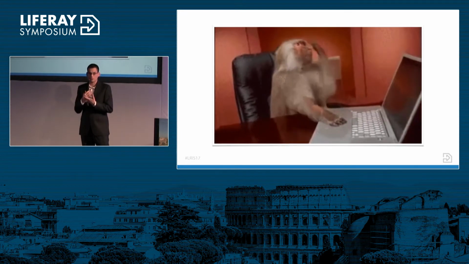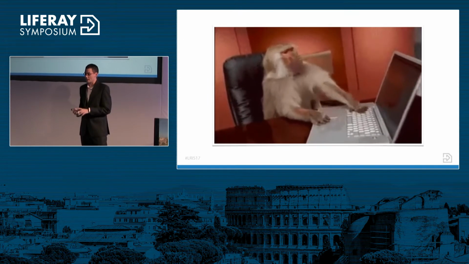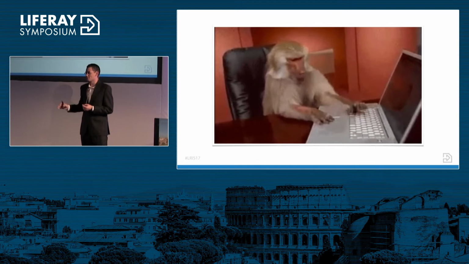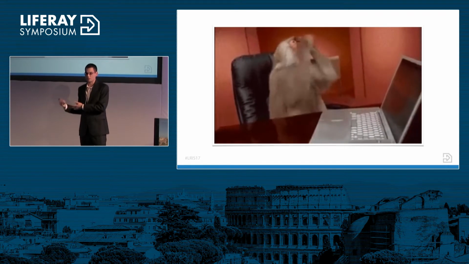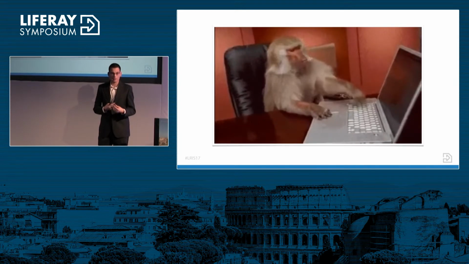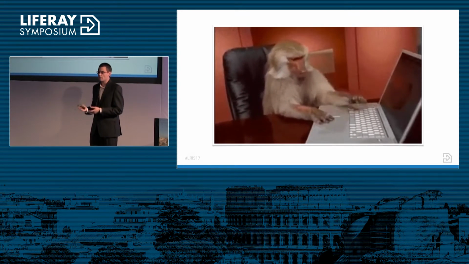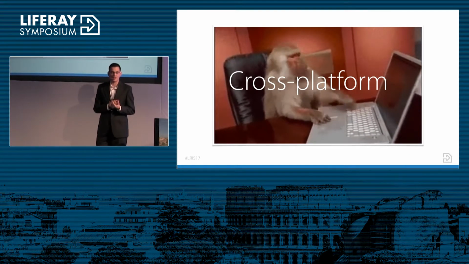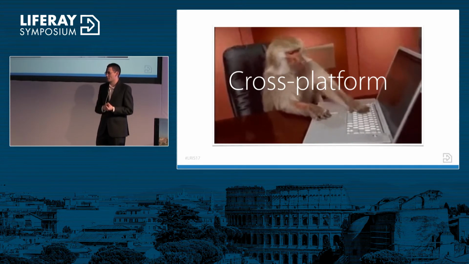And I know that if you investigate the space, there are literally 10 or more approaches in cross-platform. For example, there is React Native, Ionic, NativeScript, Xamarin. There are a lot of approaches, and sometimes it is hard to choose the right fit for the solution.